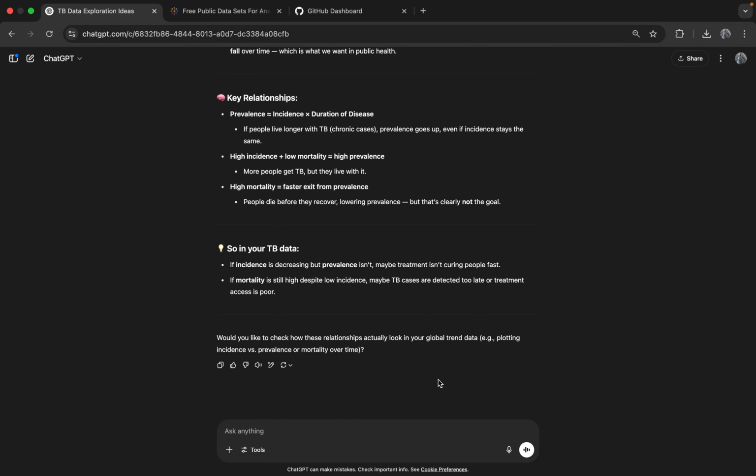So here we want to see the relationships between these three variables as a next step, just to see if there's any specific relationship that could make sense.